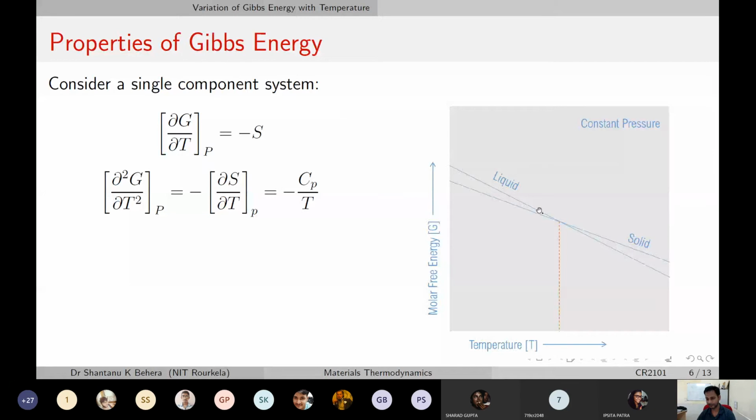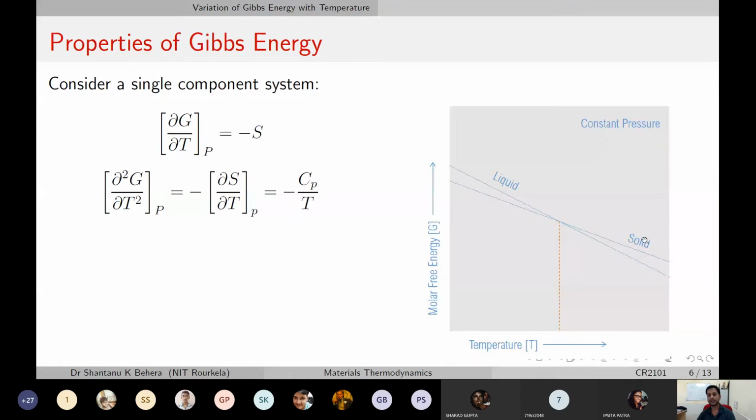I've just drawn it this way to make it simpler, but it's not exactly a straight line. So let's say the molar free energy variation with temperature goes like this for the liquid, and this for the solid state.